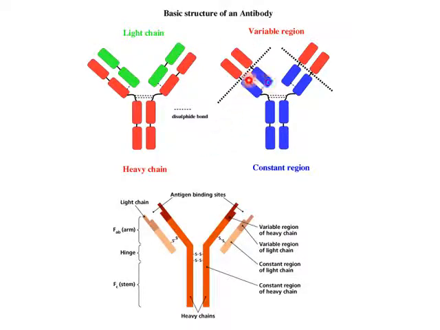If we look at the antibodies, what's common on all of them is these sections here. We've got some light and some heavy, but they're constant. The variable region up here is the important part. You're going to have two of those per antibody. And these variable regions up here are what bind to the antigen.